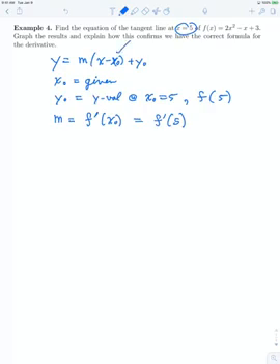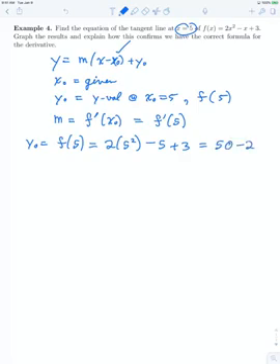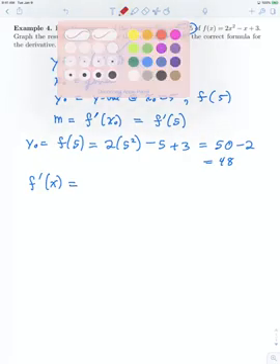Good. Let's calculate y0. So that would be f of 5. And so that's 2 times 5 squared minus 5 plus 3. So that's 50 minus 2, 48. Okay. And again, the most interesting part for us, the derivative. So I'm going to bring the power down in front.